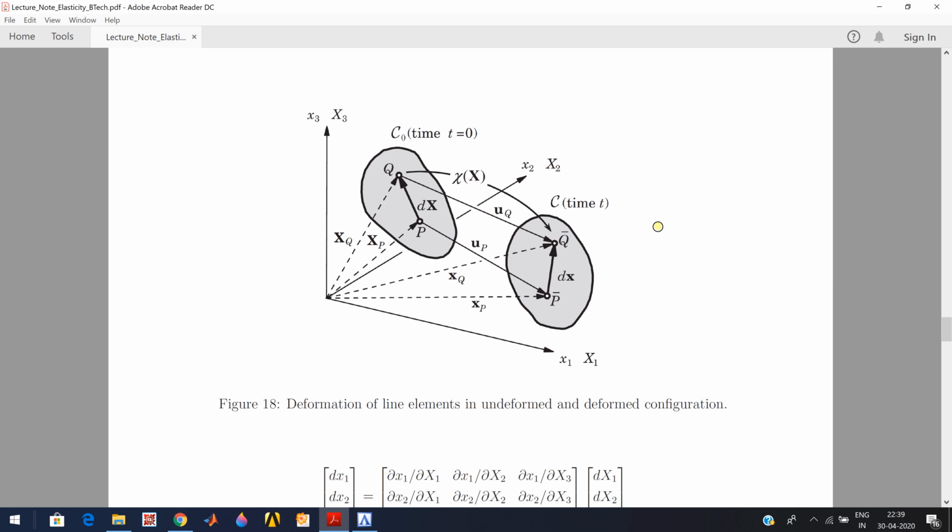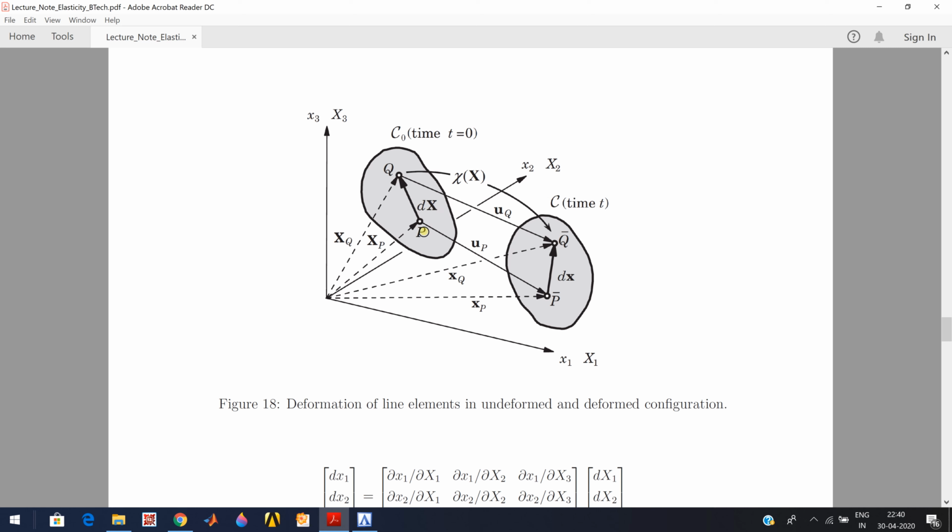Let us see what it is by looking at this figure. Let us say in the reference configuration there are two close points, capital P and capital Q, and the line element describing P to Q is denoted by dX.